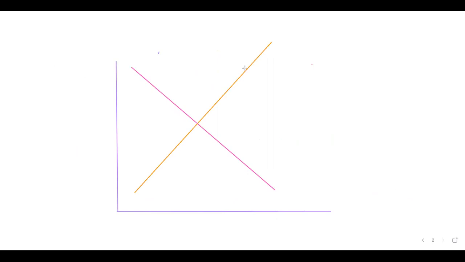We did discuss this. Downward sloping is your aggregate demand, upward sloping is your aggregate supply. Where the aggregate demand and aggregate supply of an economy intersect, that is where your macroeconomic equilibrium is. On the y-axis, you have GPL. What does GPL stand for?